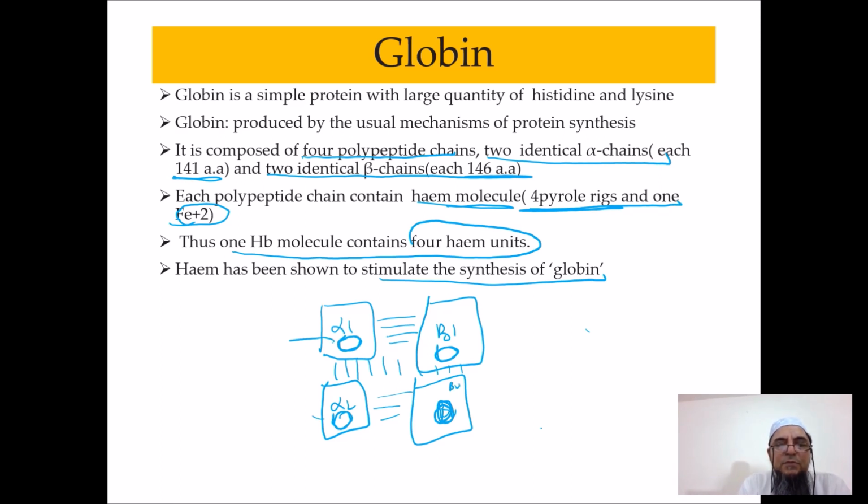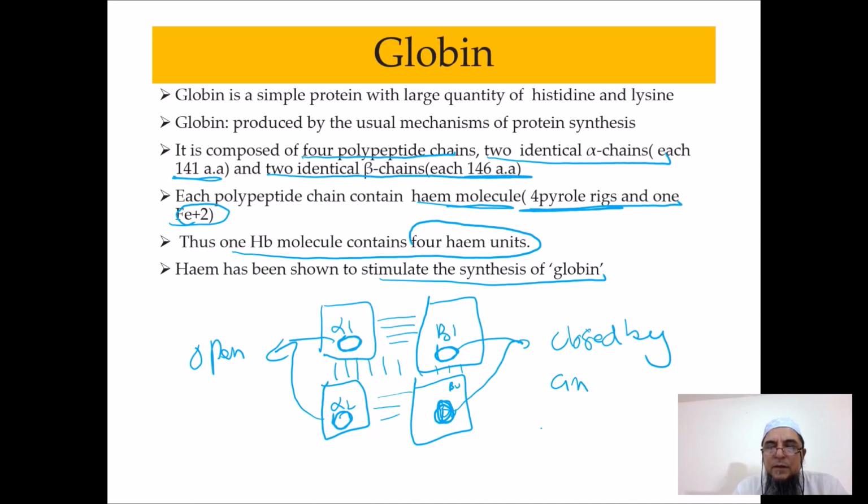The alpha subunit heme pockets are open. However, the beta subunit heme pockets are closed by an important amino acid, valine.